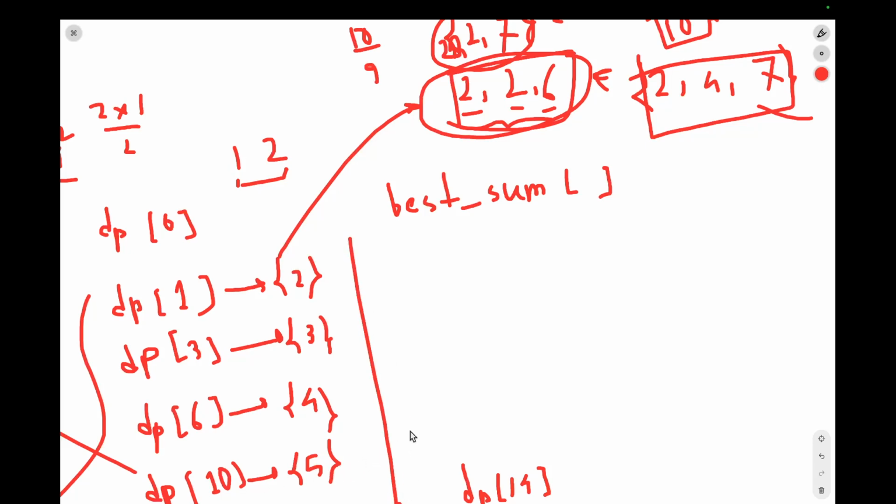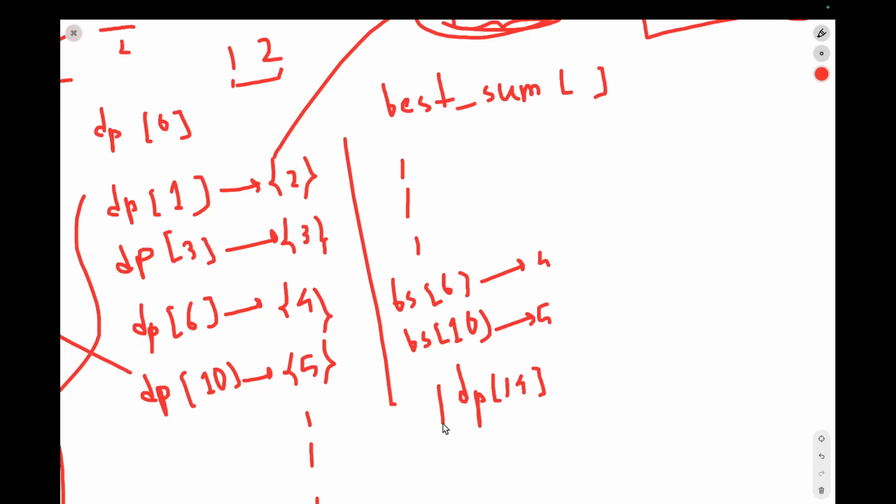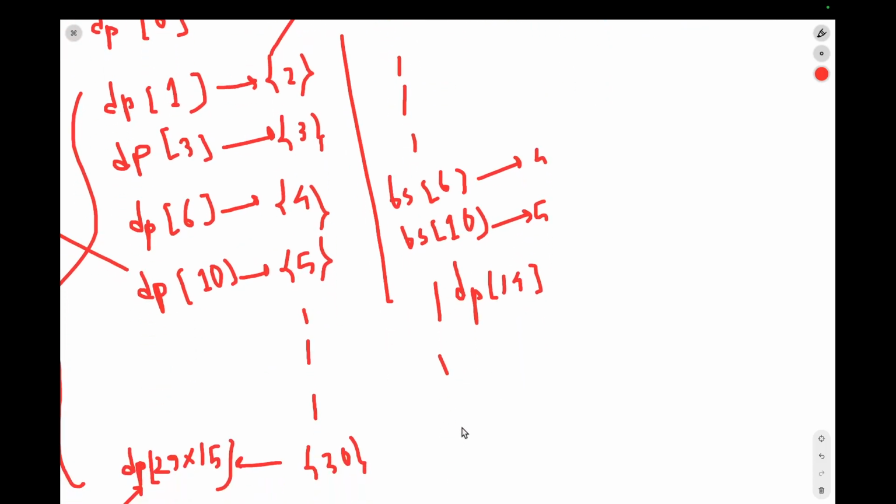I will write base sum also. Let's say we will write bs of 10 is 5, bs of 6 is 4, and so on and so forth, and under this we will calculate till bs of 29 into 15, that is 30.